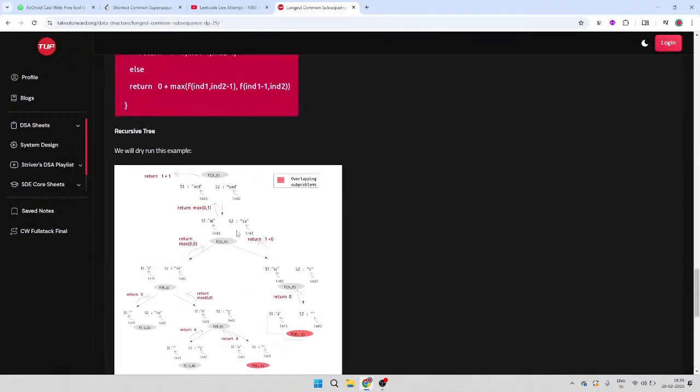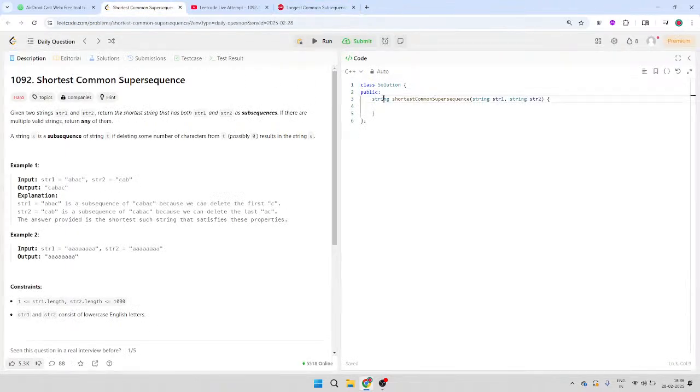I won't be using this code at all because this is returning the length only. What we need to do extra in this case is basically we need to use the DP which returns the strings itself, because what we have to return here is a string data type.